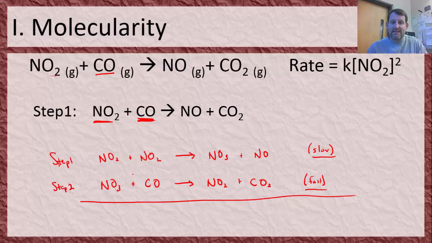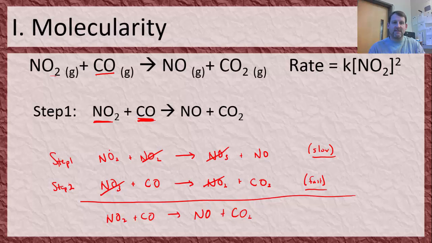So this next step has to use up all the extra products we created and balance the equation. To do that, let's add these two equations and see if we get our starting equation. Anything on opposite sides cancels: NO3, NO3. And then what we're left with is NO2 plus CO gives NO, nitrogen monoxide, plus carbon dioxide.